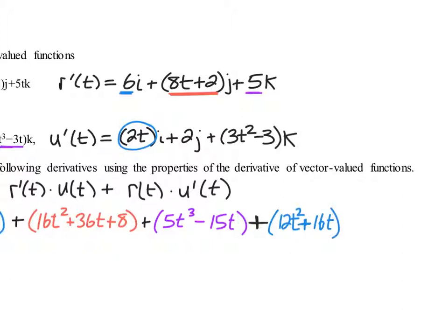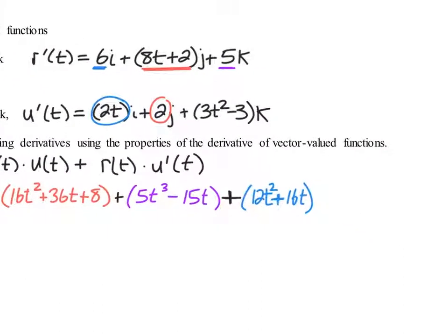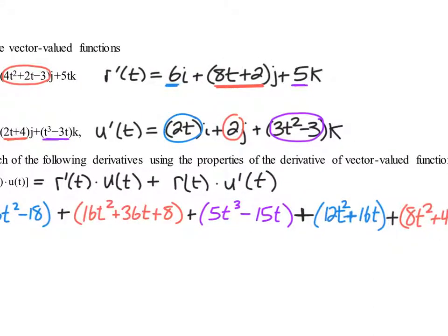All right, then I want to do red for the second part. That part's not too bad. I mean, it's not bad at all. So 8t squared plus 4t minus 6. And the next part isn't bad either.